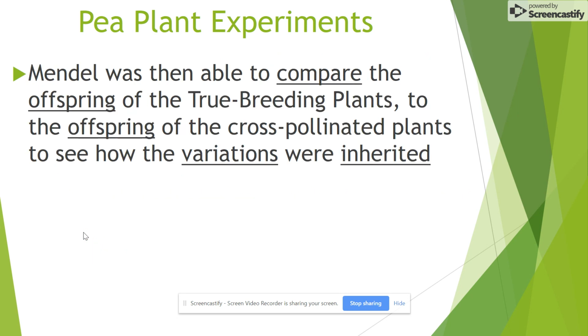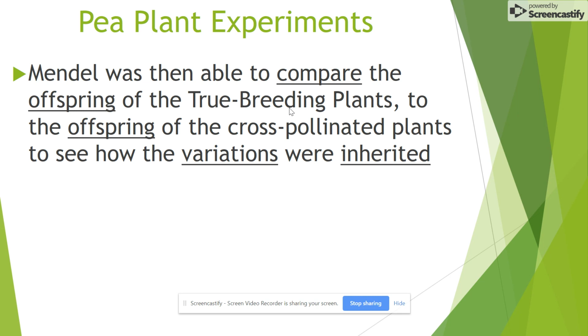Okay, so what does all that mean? Mendel was able to compare the offspring of the true breeding plants. True breeding plants, this is what we call our self-pollinating plants, because we know what to expect. We know that if a plant self-pollinates, they are going to have genetic copies of themselves.